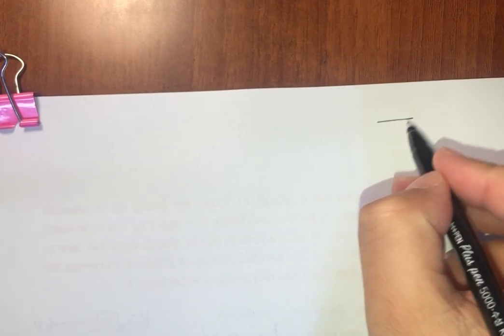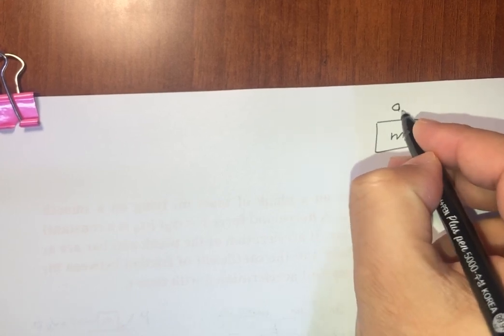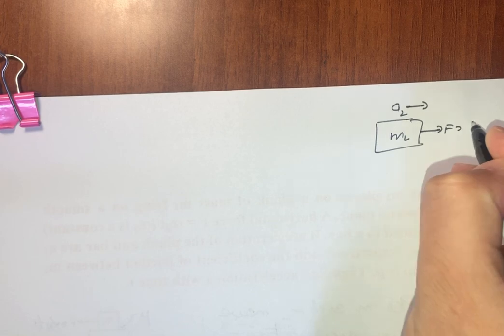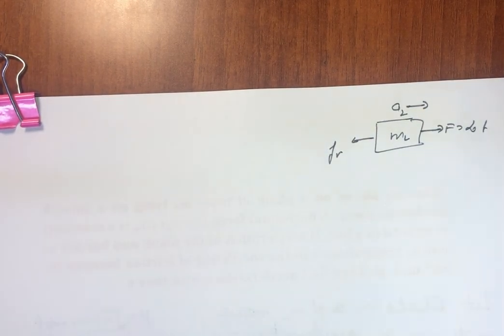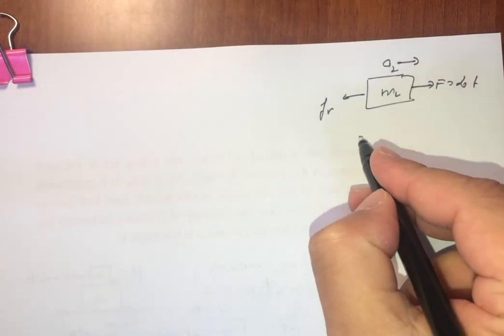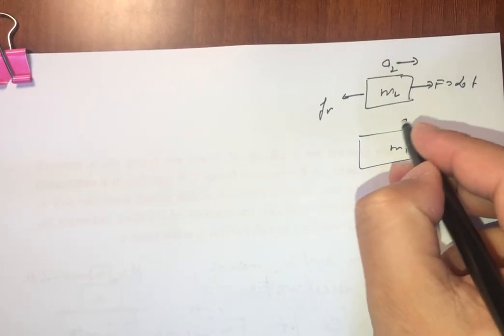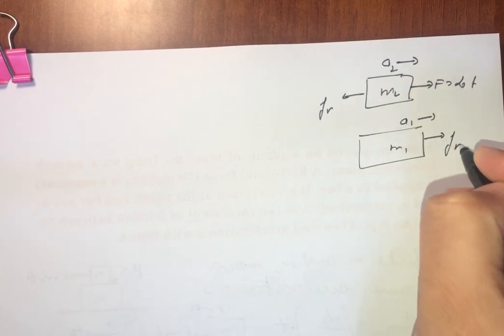Now both are traveling with different accelerations. So we have our m2, traveling with acceleration a2. There is a force alpha naught t, and in the opposite direction we have Fr acting on it. And this is our m1, traveling with acceleration a1, and the force Fr acts on it.